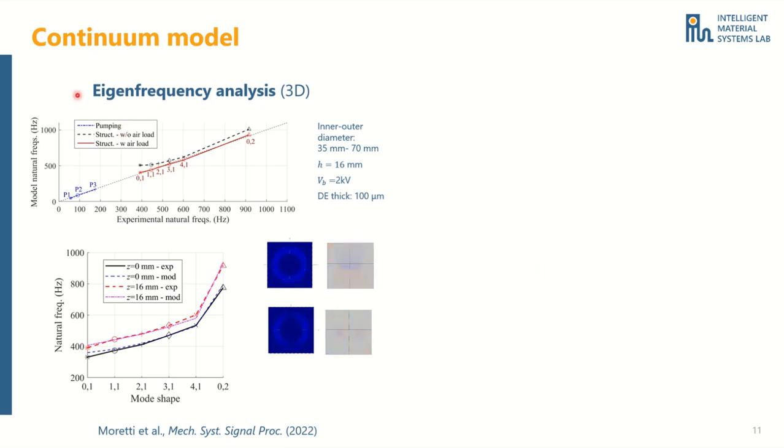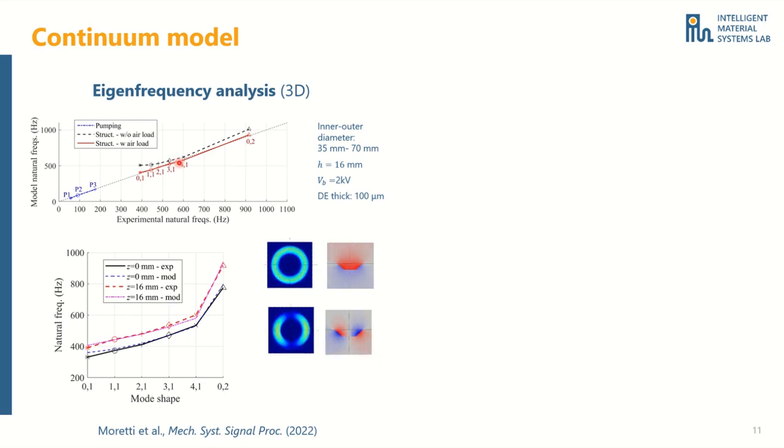Here we can see a comparison of the eigenfrequencies of the DE membrane calculated via the FEM model and those obtained experimentally from the peaks of the velocity spectra. This bisector line indicates a perfect agreement between model and experiments. The model is able to predict the eigenfrequencies of the DE membrane very accurately.